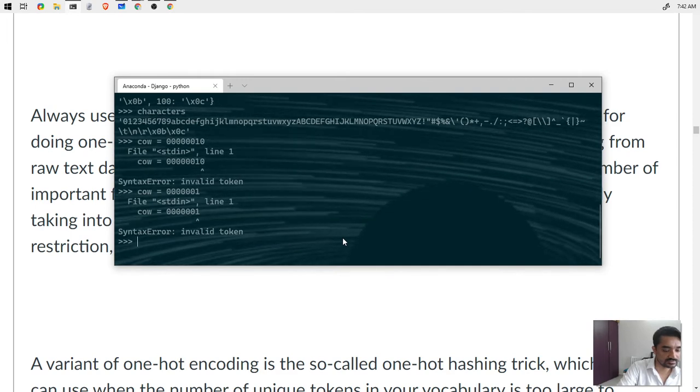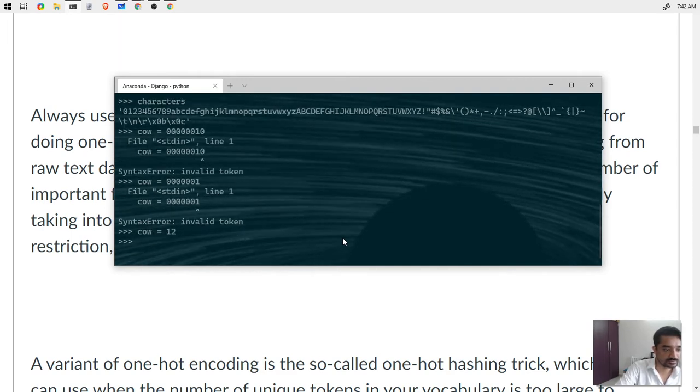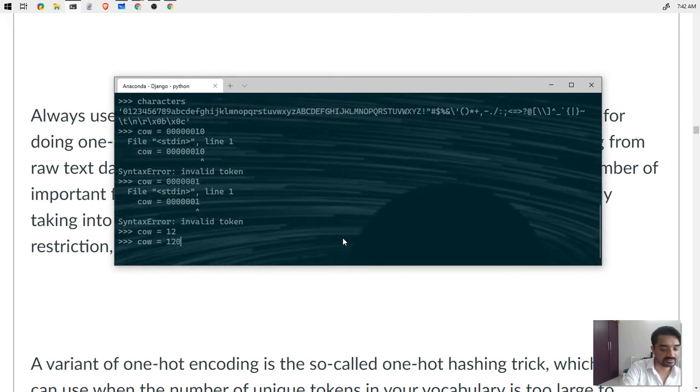Invalid token. This works. Sorry. Okay, I have to add it. I can't write binary, right?